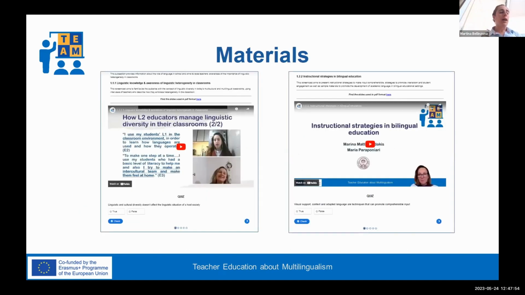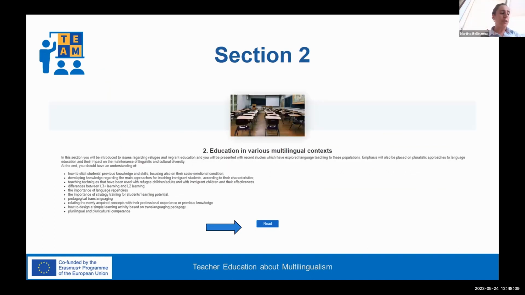As always, multimodal materials composed of screencasts, quizzes, and readings will guide teachers in reflecting and discovering the key notions and main studies on language education. The second section, on the other hand, is very heterogeneous and offers a broad overview of contexts, audiences, and teaching techniques, assuming a rather practical configuration.